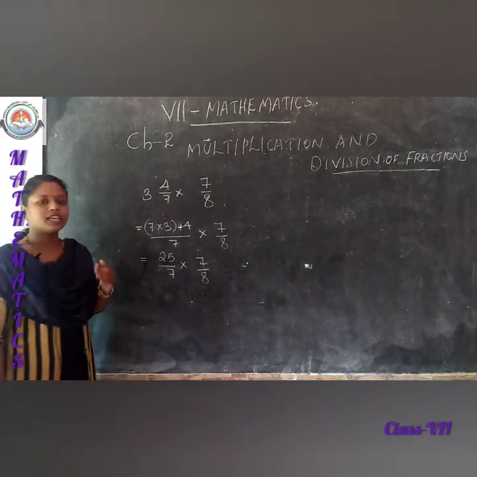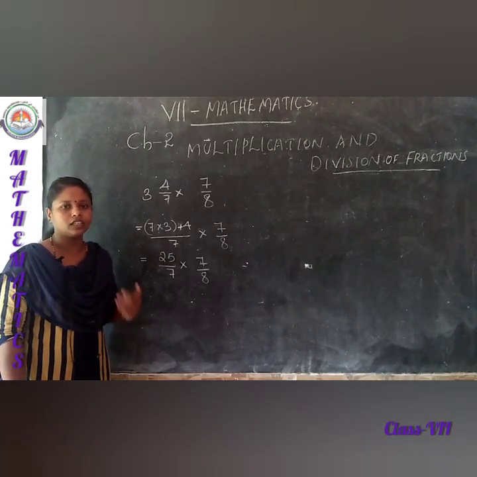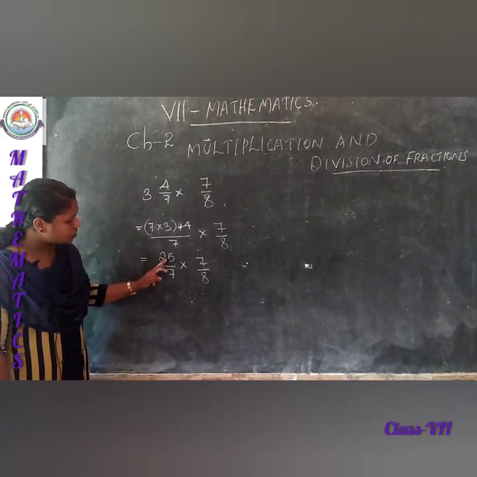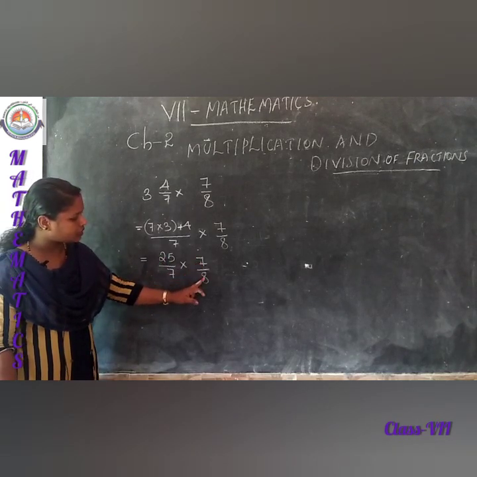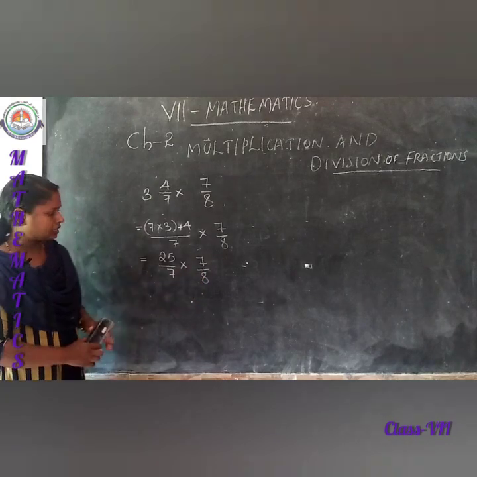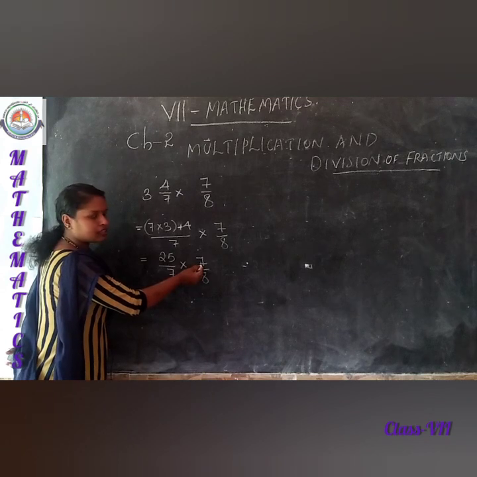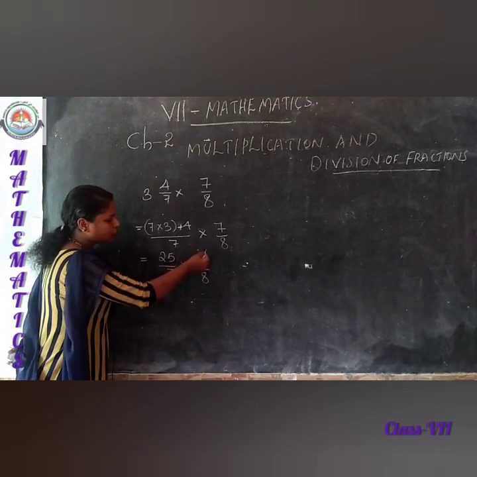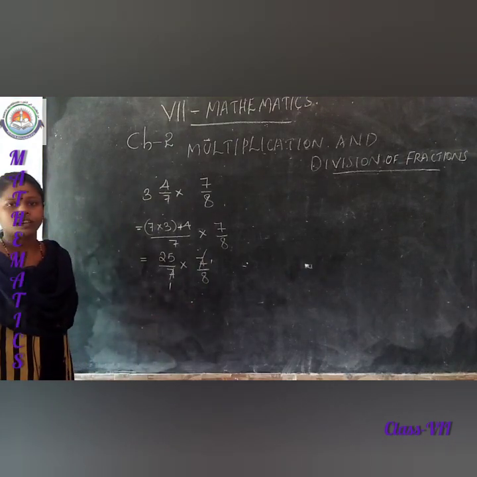Now we can check whether there are any common factors in the numerators and denominators. It is 25 and 7. There is no common factor, and here 7 and 8, there is no common factor. But here the denominator is 7 and here the numerator is 7, so common, giving 1.